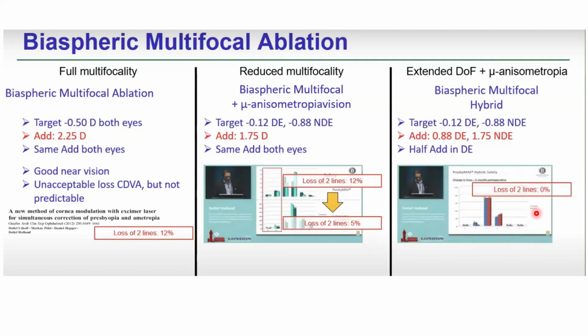That is also how the Presby Max treatments have developed, wherein we create a lot of multifocality in micromonovision treatment, a little bit of multifocality in the hybrid treatment, and almost nil multifocality in the monocular treatment.